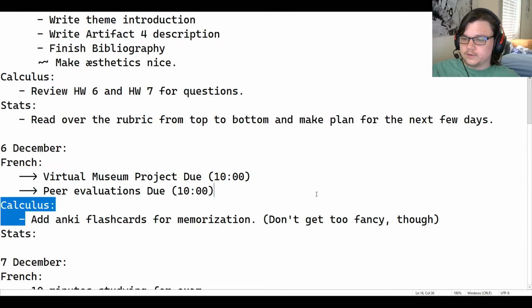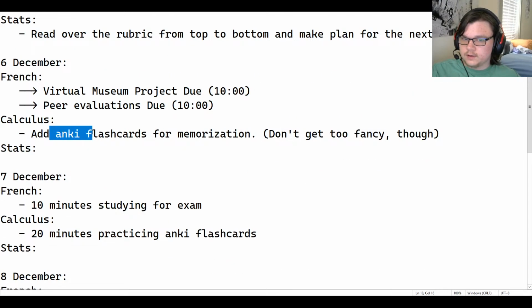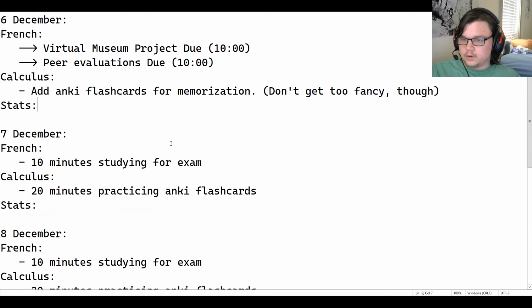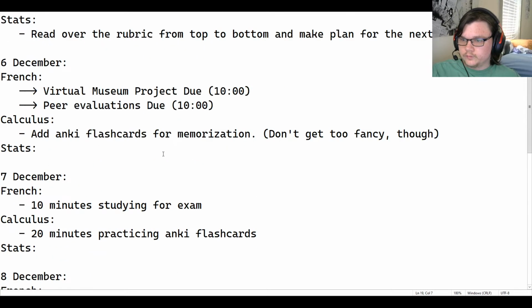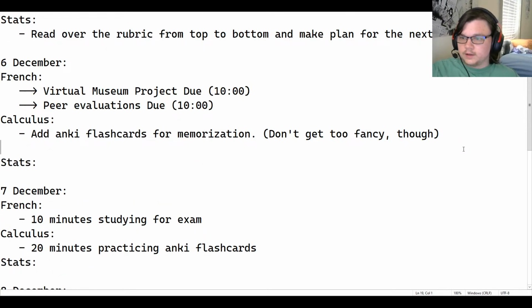Wait, no. I still have some more calculus stuff, just because I added these. So I want to have that, and then I also want to work through 5 lecture note examples.